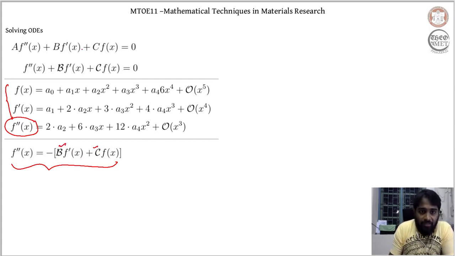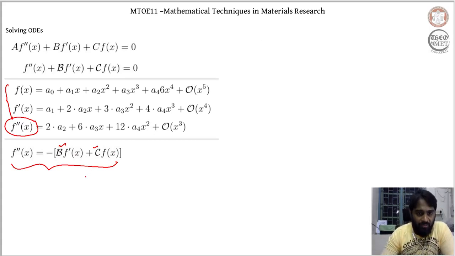So our original problem statement now gives us an equation where we are able to relate our second derivative to the first derivative and the original function, by multiplying with the appropriate coefficients, summing them up and taking a negative sign before the sum.